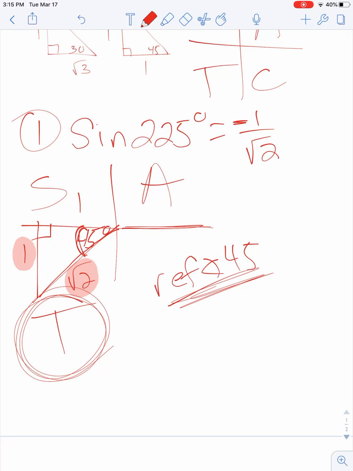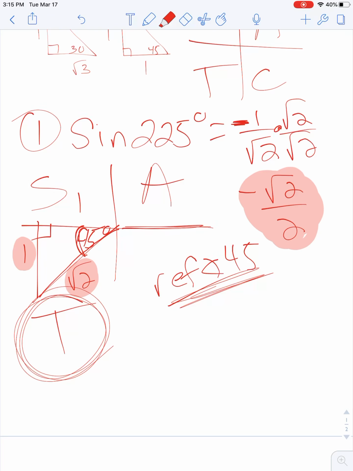So this is negative. And of course, we're going to rationalize this. So my answer is going to be negative root 2 over 2. That's what the sine of 225 is. This is all non-calculator. So draw the picture, find the reference angle, draw your triangle, and go. Find that ratio. Don't forget about all students take calculus.